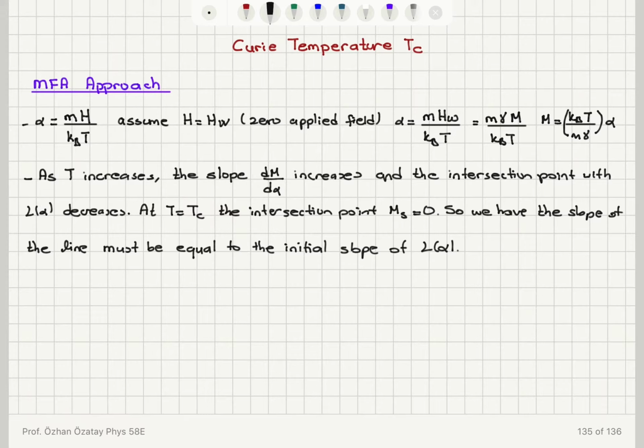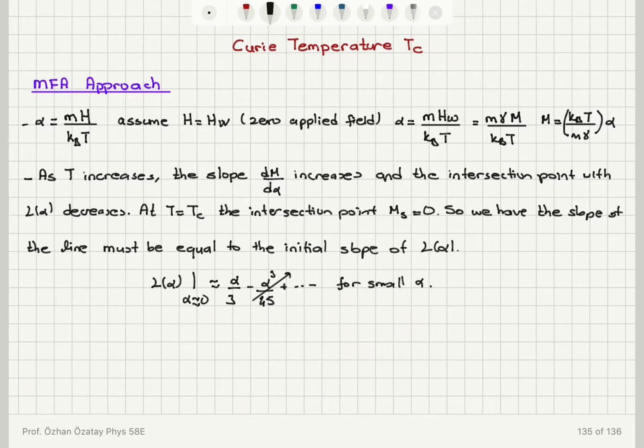Now, if you remember, if you go back to the Langevin theory, we have shown that the Langevin function can be expanded into a Taylor series for small alpha as alpha divided by 3, the first term, minus alpha cubed over 45, etc. And we can neglect this term to first order, and we can just use alpha over 3 for small alpha values.